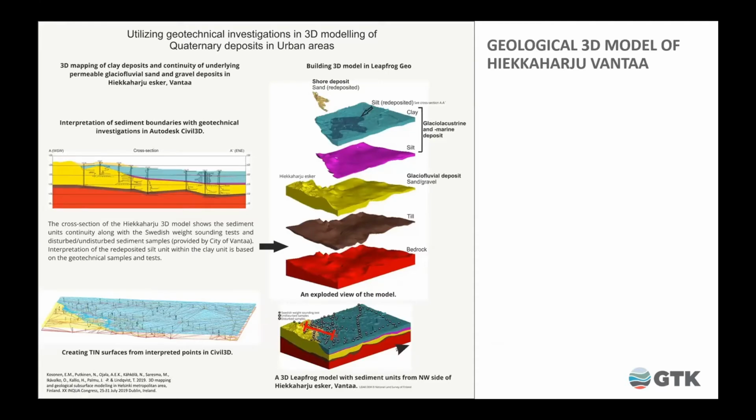So this is a very typical, let's say, southern Finland geological setting with some fill deposits on the top, then clay, silt, fluvial deposits, and finally bedrock. And we made two models, one with geological modeling software and one with CAD-based modeling software for civil engineering, and compared the models.